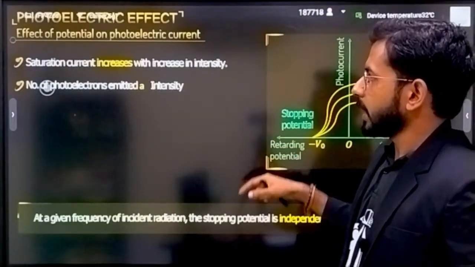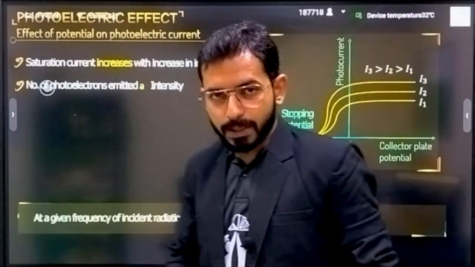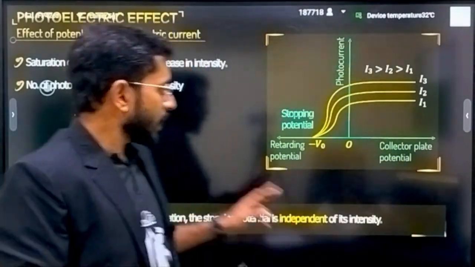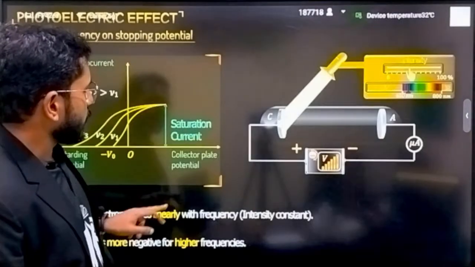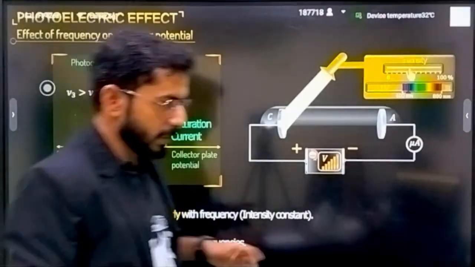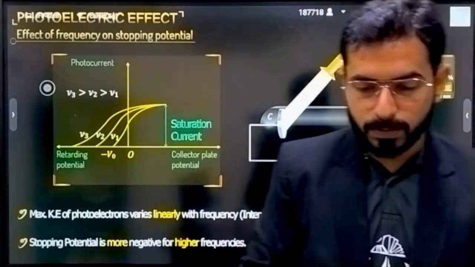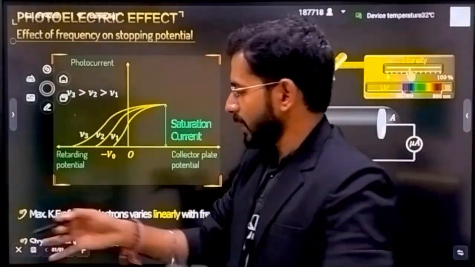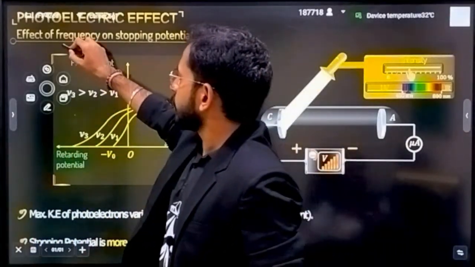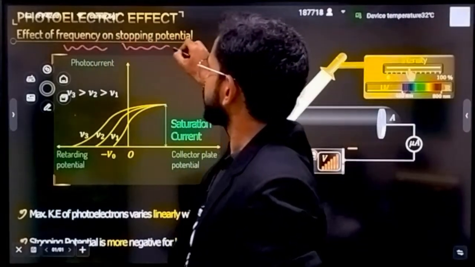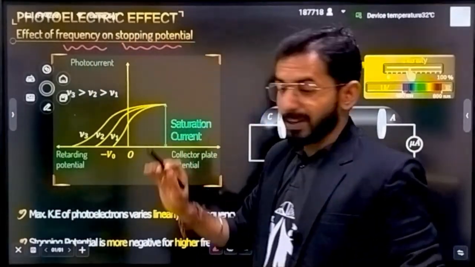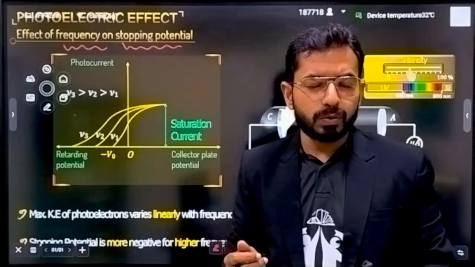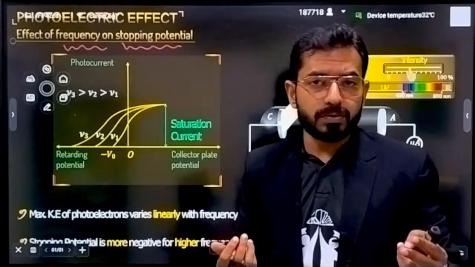Very good. Now there are some important curves showing how the variations come. Before the last one, understand this one, then it will be easier for you. You have to check the effect of frequency on stopping potential. In this kind of case, always first understand which relation we are trying to draw, and which quantities we want to relate.